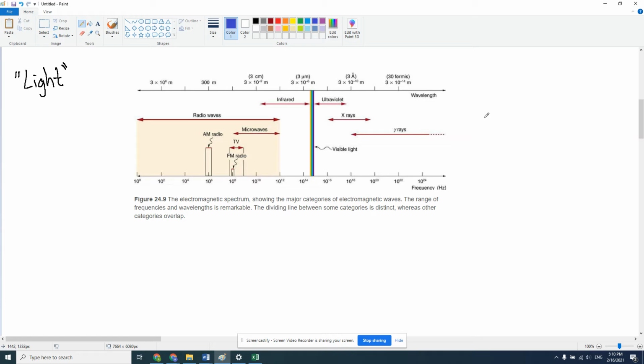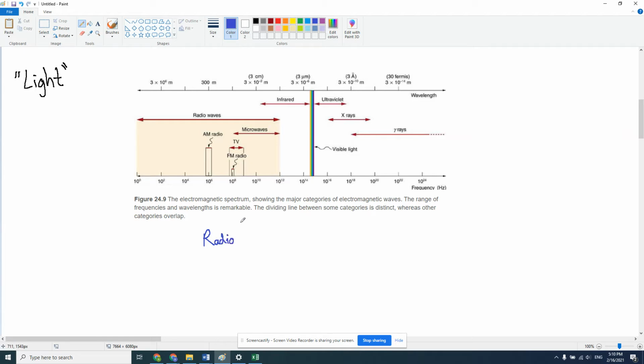So, one of the things I do want to point out once again is as we move from radio to gamma, and the ones we'll focus on in this class, we'll talk about microwaves, but for the most part, we're going to consider microwaves as a cross of somewhere between the radio and infrared.